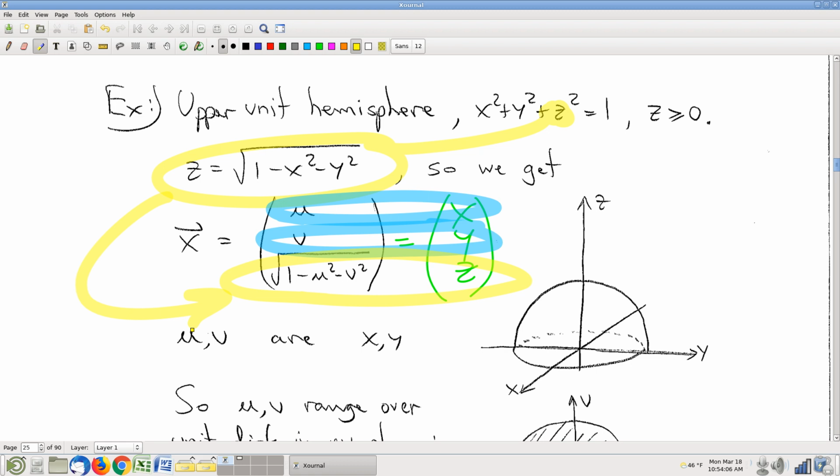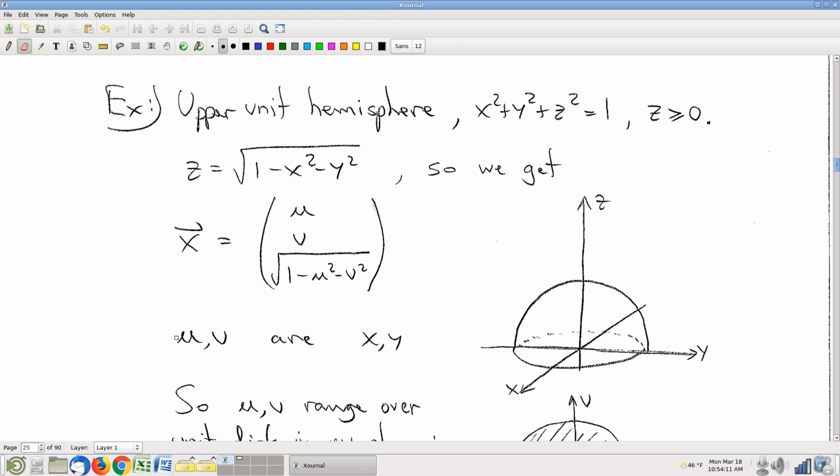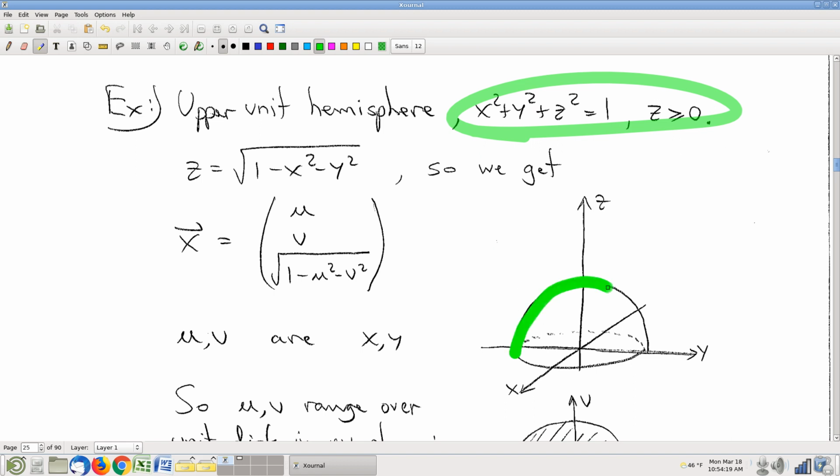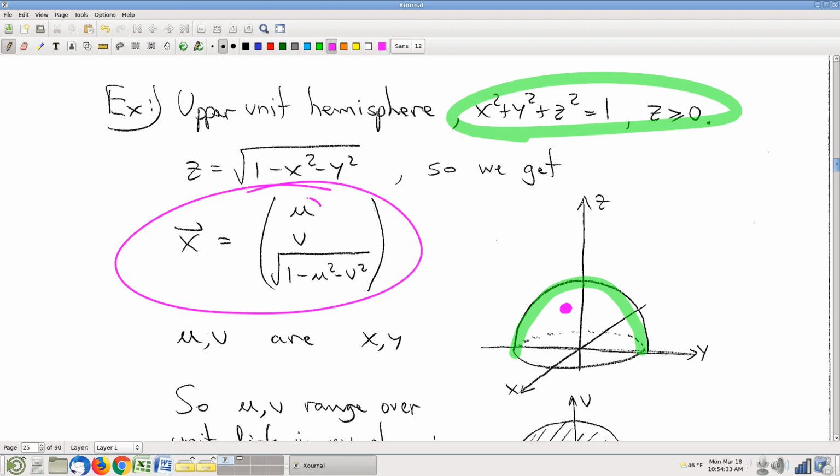Now, to the question that came from a few minutes ago, what does that mean about the range of values of u and v? What is the range of values of u and v? Well, you can see that from the picture in this case. So our hemisphere is like this, and notice for every point on the hemisphere, the corresponding values of u and v, well, let's see here. That point from the parameterization comes from these values of u and v, which are, namely, just the x coordinate and the y coordinate of that point.